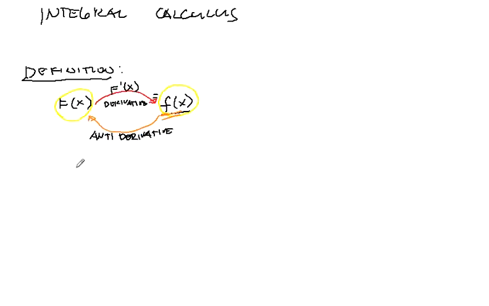So after the definition of the antiderivative or the integral, now let's have some notations that are usually used in integral calculus. In differential calculus, this F prime of x denotes that you need to perform a derivative of some function, which results to this.